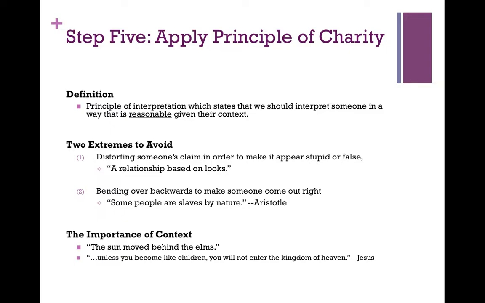And when we talk about the unreasonable ways, there are actually two versions. One is that of distorting their views in such a way that it is stupid or false or unreasonable or implausible. This is probably the way that we most frequently encounter people being uncharitable to us, where they completely distort what we said to make us seem like what we're saying was just absolutely stupid.